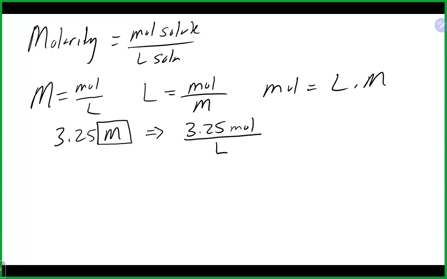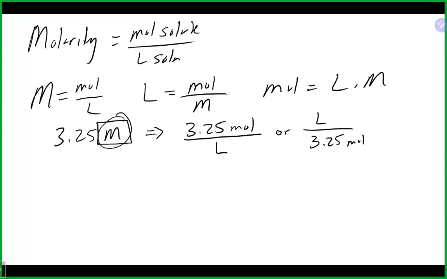The number always stays with the moles part, and it's always per 1 liter. You could also use this in the opposite direction. A dimensional analysis approach is a really good approach to these calculations, especially if you're given the molarity. That way you can visually see the liters and where they are, because it's a very common error. People just look at that and all they think is moles, and they don't even think about the volume part or where it is.